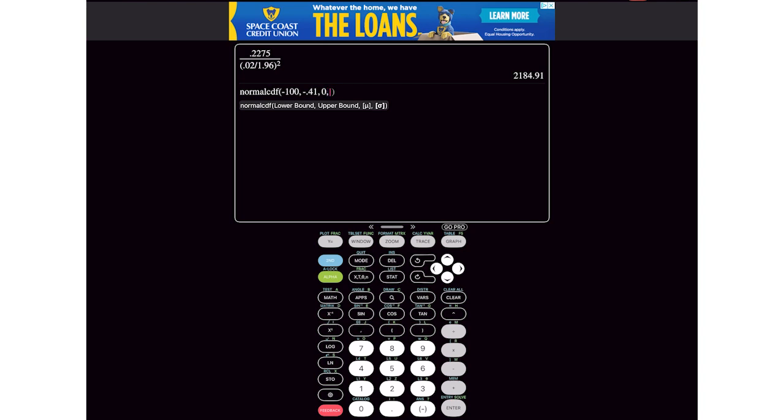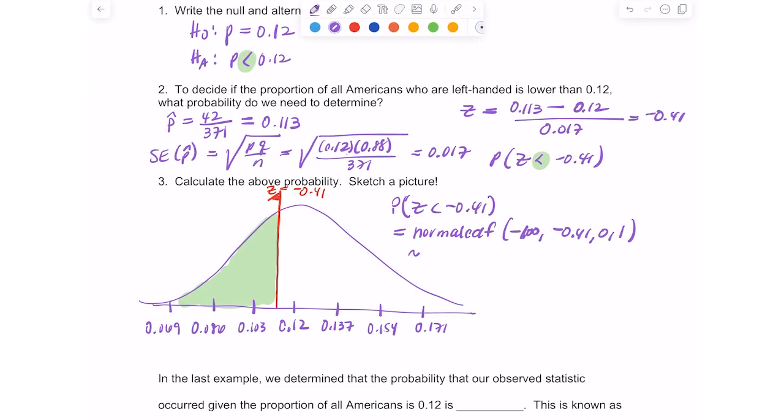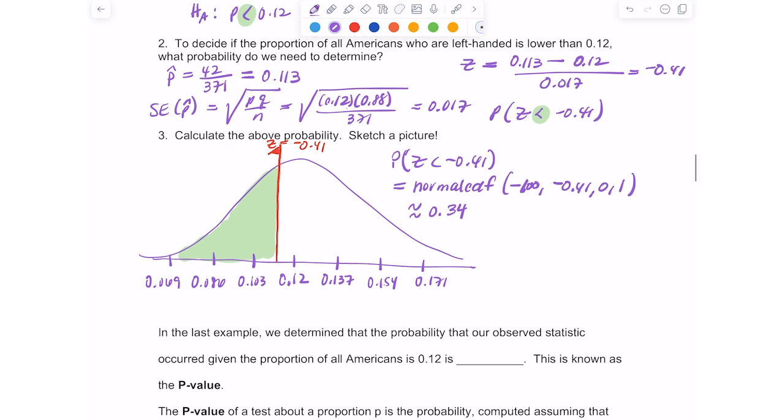And then hit enter, and we get 0.34. So that's the probability, right? In other words, there's a probability of about 34% that the proportion of all Americans is less than 12% that are left-handed.